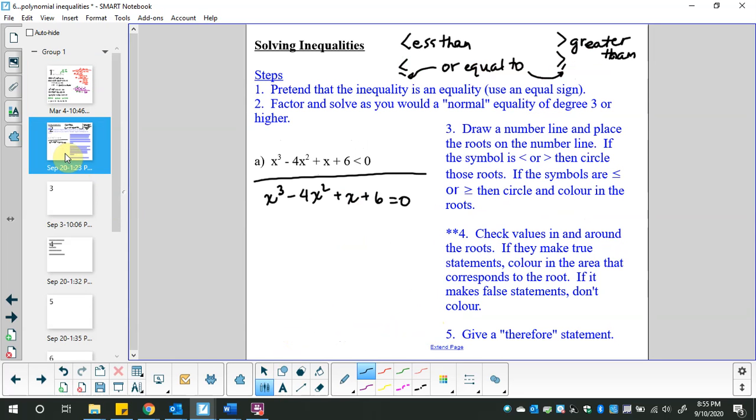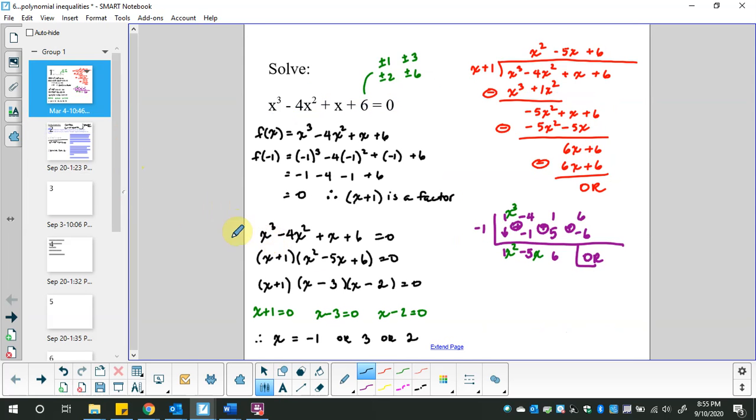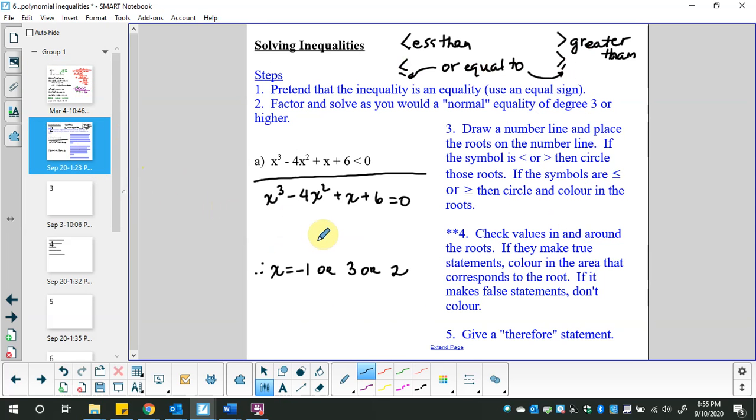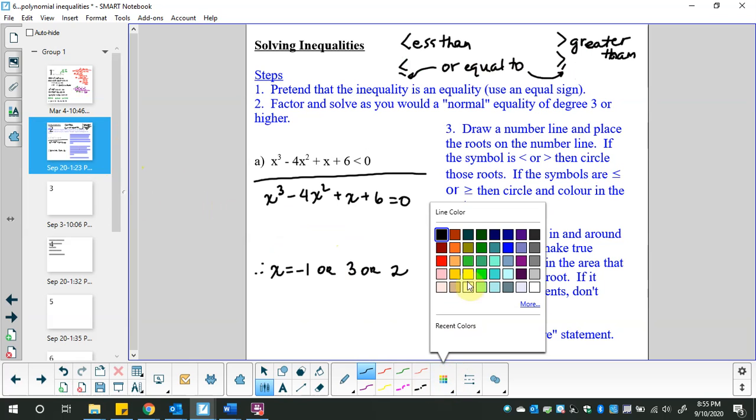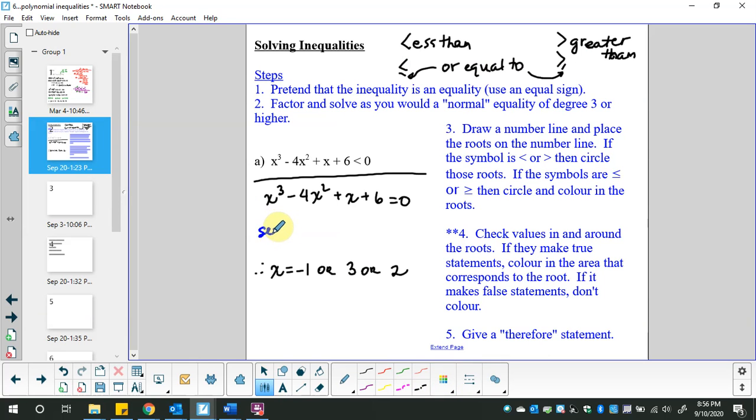So I'm going to leave a little space here for a little notation, but x equals -1 or 3 or 2, double check I don't want to make any mistakes, I have that right. And the little notation I'm going to make to myself, or to you, is: see page 1 of note.